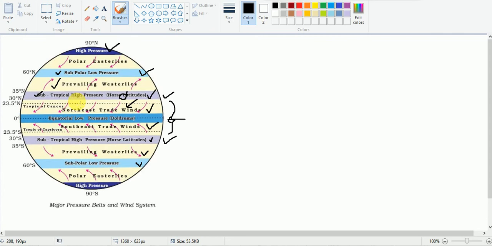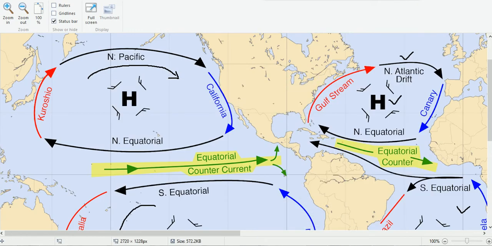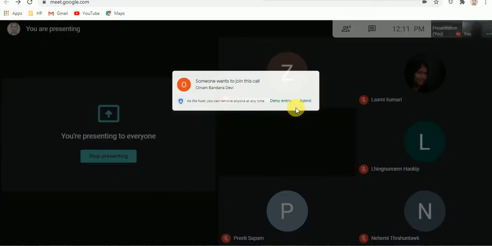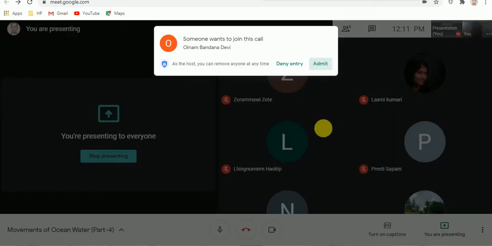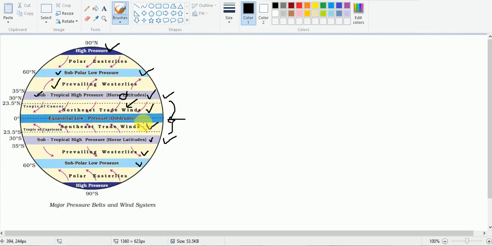See here, from the subtropical high pressure belt, the wind must be blowing due south like this. Actually it must be blowing due south, but it is deflected, see the arrow, it is turned to the right.